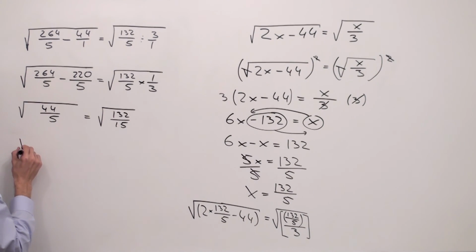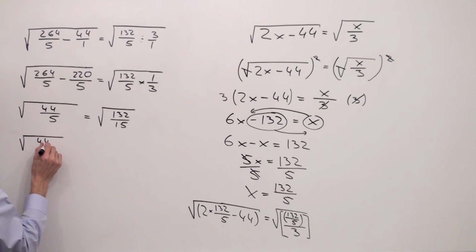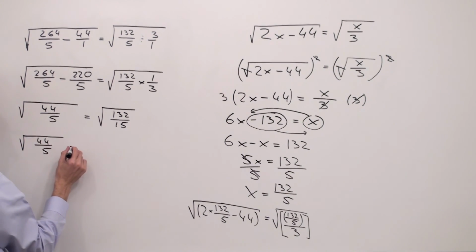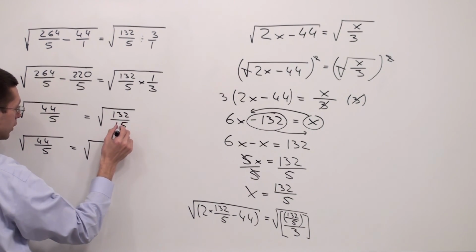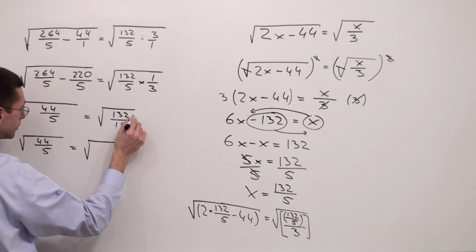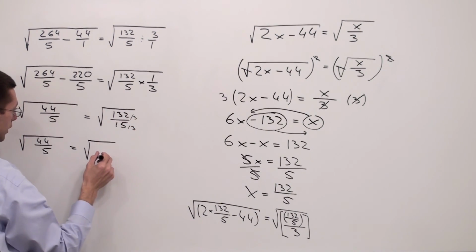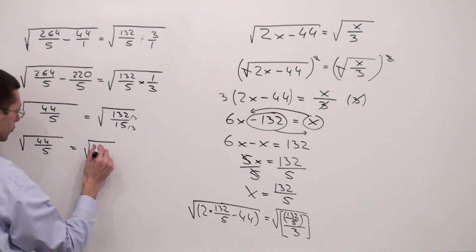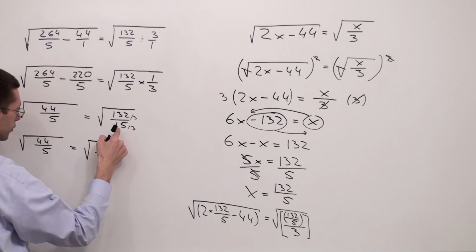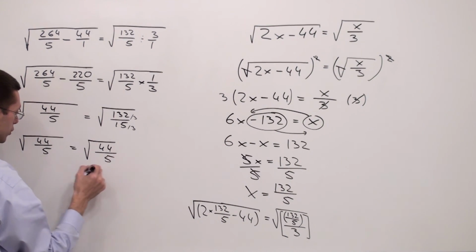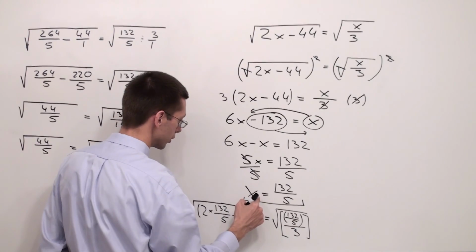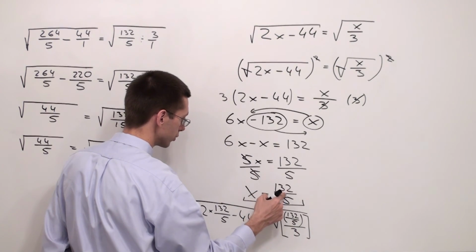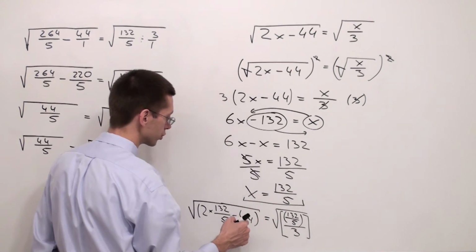I have square root of 44 over 5 equals square root of 132 over 15, and 132 and 15 I can reduce by 3. So 132 divided by 3 is 44, and 15 divided by 3 is 5. As you can see, the left side is equal to the right side of my equation. That's why x equals 132 divided by 5 is the solution to my problem.